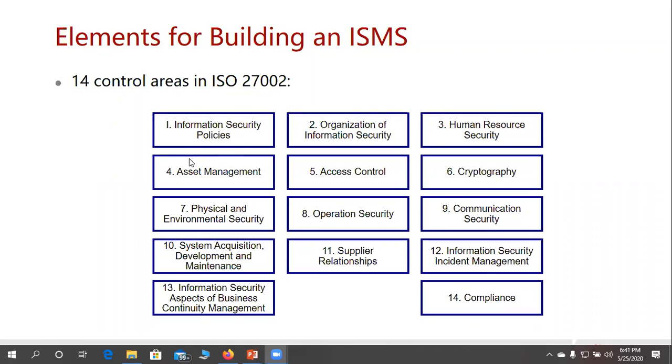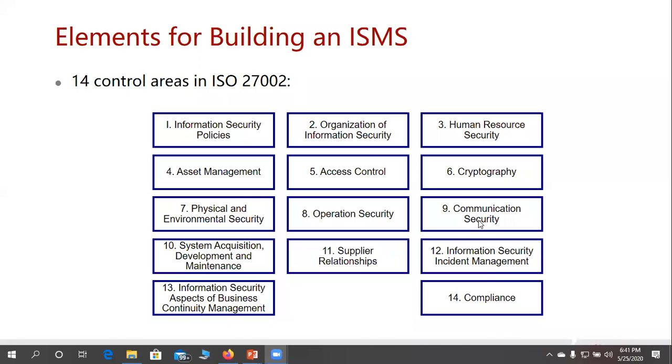Because when you'll be implementing information security in your organization, you must be aware of the assets that you have. An asset is anything of value which an organization has. Okay. Anything to do with access control, you find it here. Cryptography, okay. Physical and environmental security, operation security, communication security.